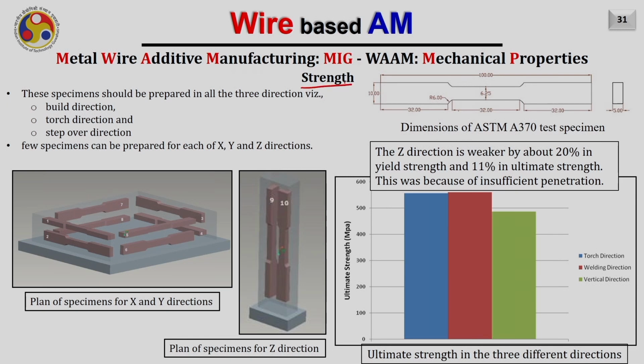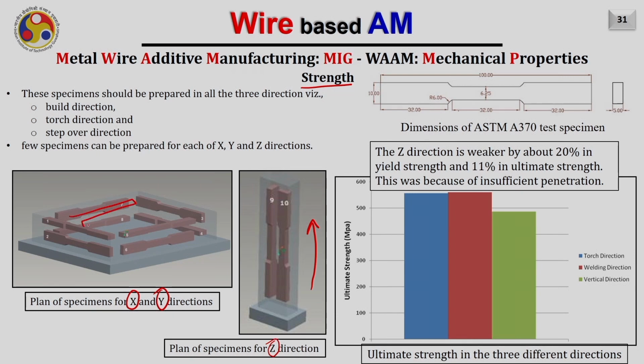Usually, when we build a part by wire arc additive manufacturing, we prepare specimens in two directions, the X direction and the Y direction in the XY plane, and we also prepare samples along the Z direction, which is the build direction. The X direction is nothing but the direction of the torch along which you are depositing.